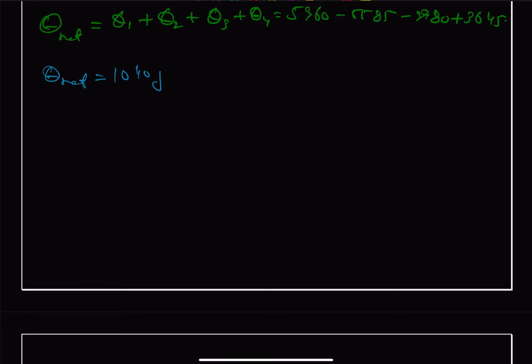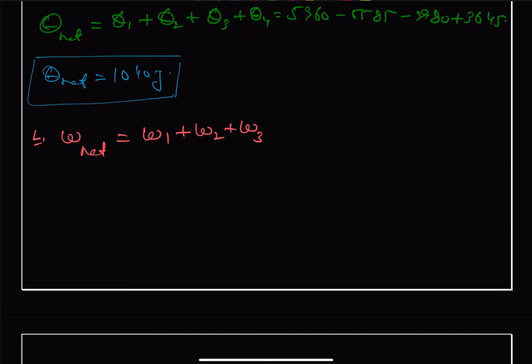Similarly, we can find out our W net. W net will be equal to W1 plus W2 plus W3 and W4. And we substitute the values.